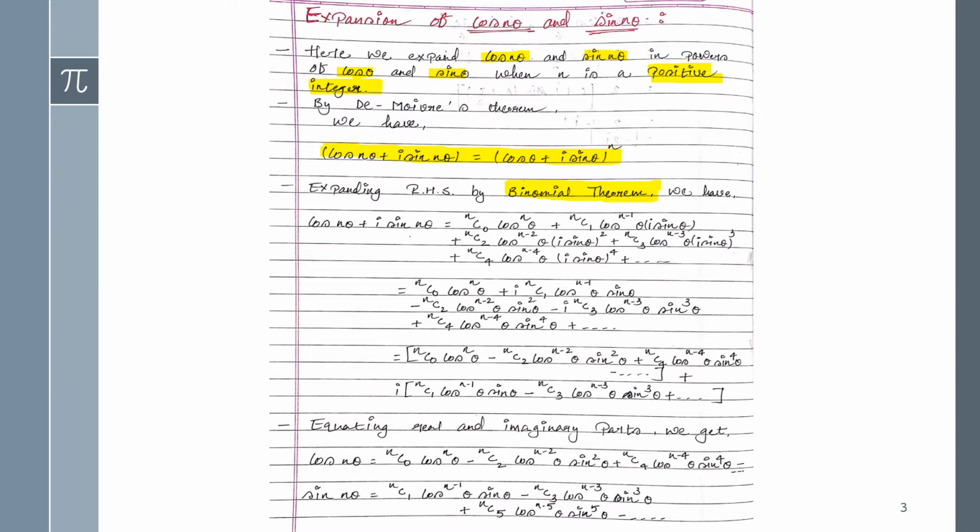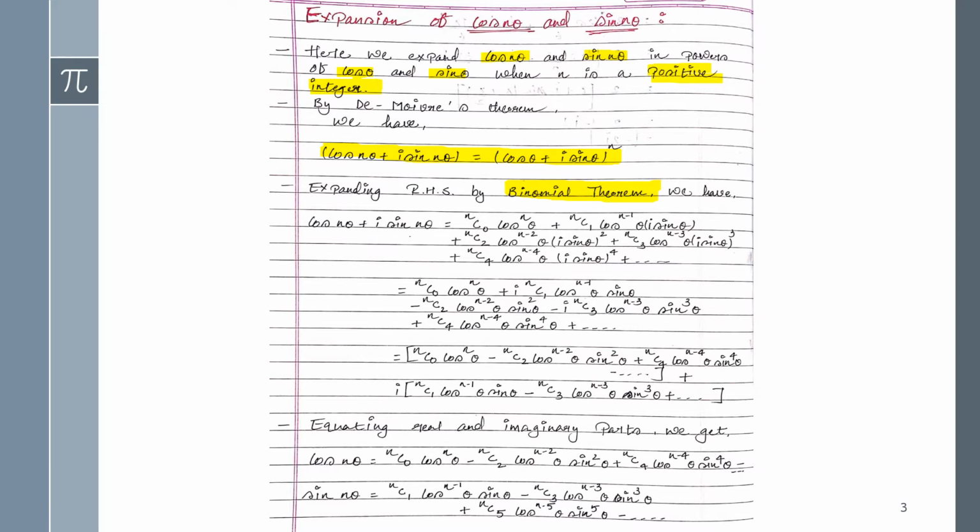So I'm expanding the right hand side of De Moivre's theorem, that is cos theta plus i sin theta. Here also I'm applying the binomial expansion for this whole term.